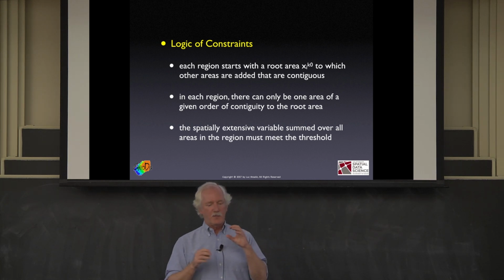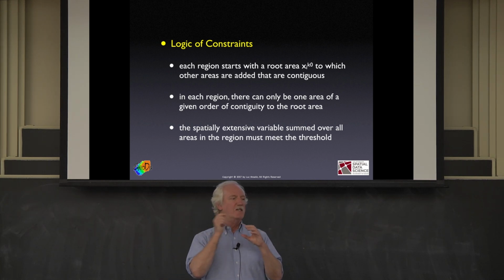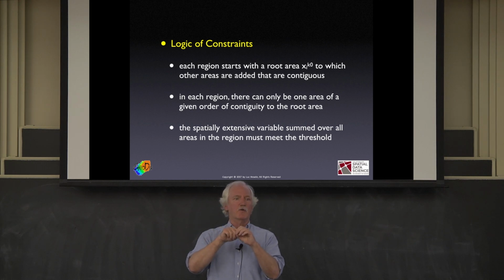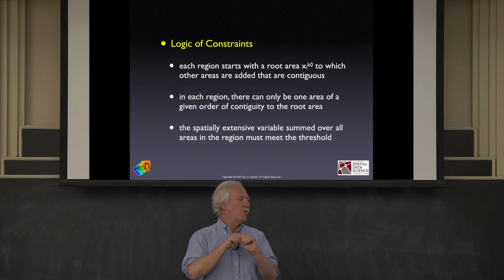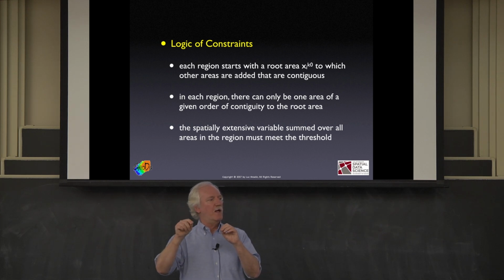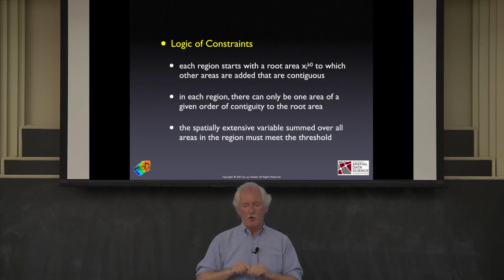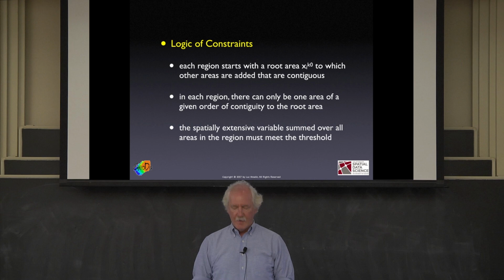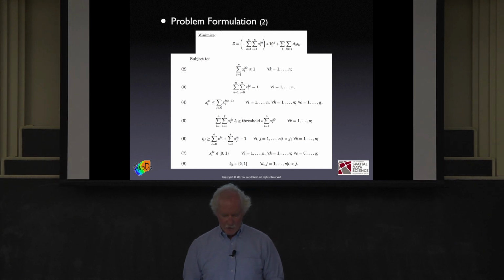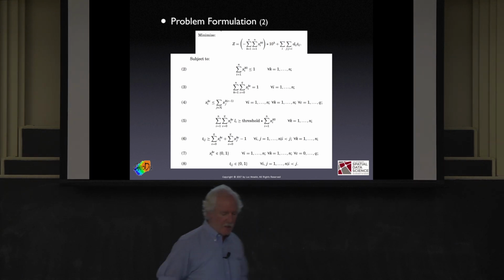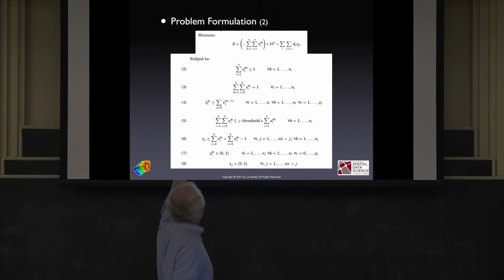So that's where the c_k or the k_c is there. So k0 is the core. k1 will be one that is first order contiguous to the core. k2 will be one that is second order contiguous to the core, and so on. And then obviously the constraint on the minimum size has to be satisfied. So the minimum size is constraint equation 5.